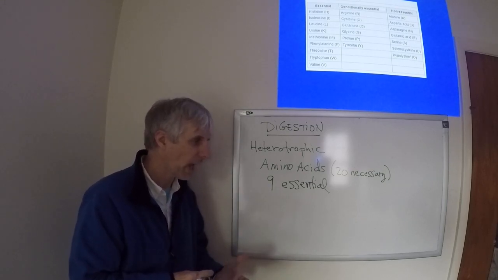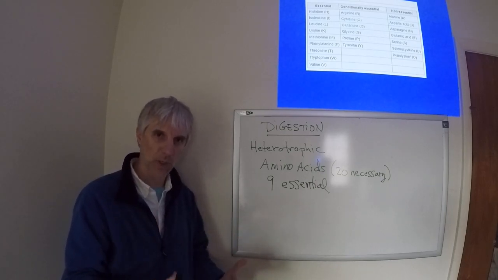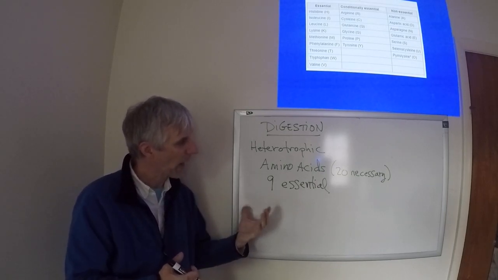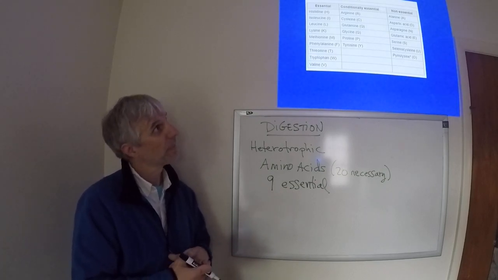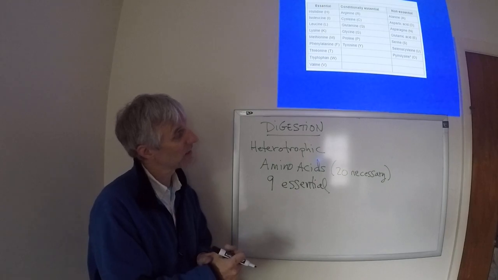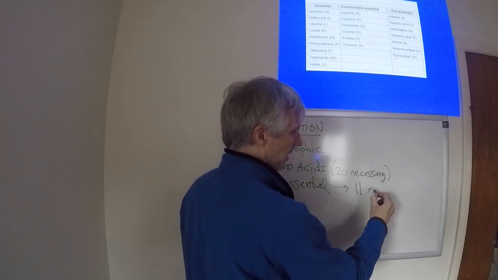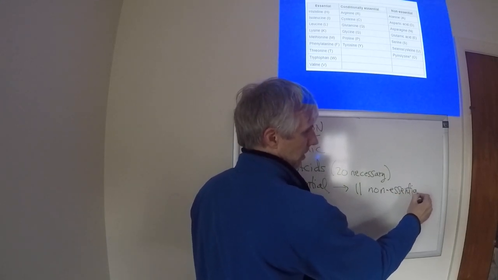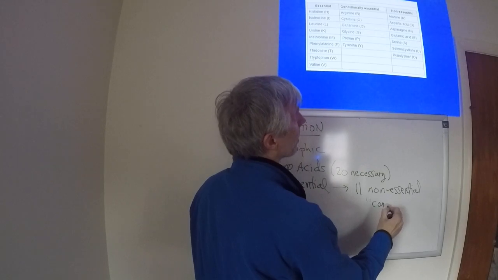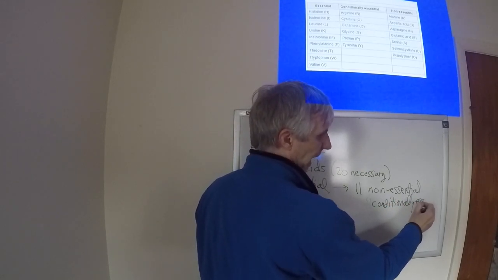If we don't have these 9 essential amino acids in our diet, we're in big trouble because we have no way of making these 9 essential amino acids. The others that are listed in this table would be the other 11. These are either non-essential or what's called conditionally essential. More on that in a second.